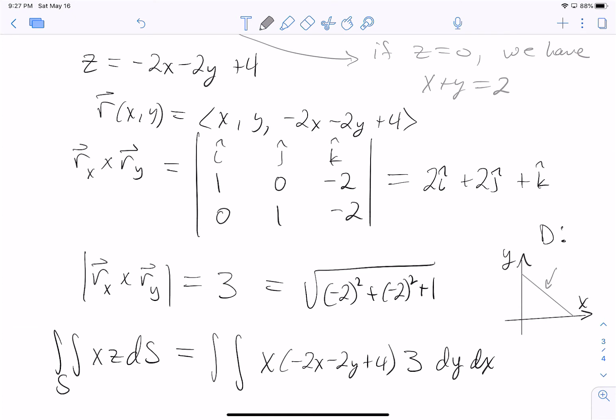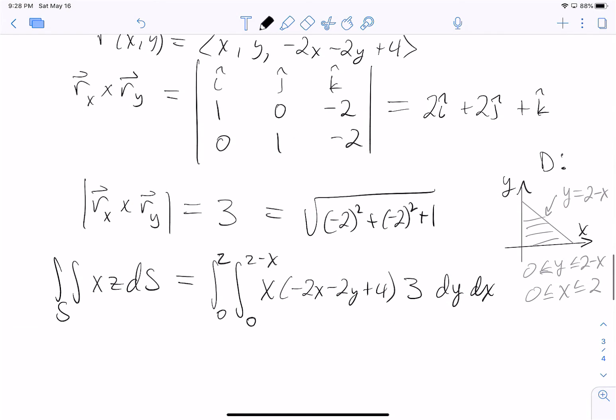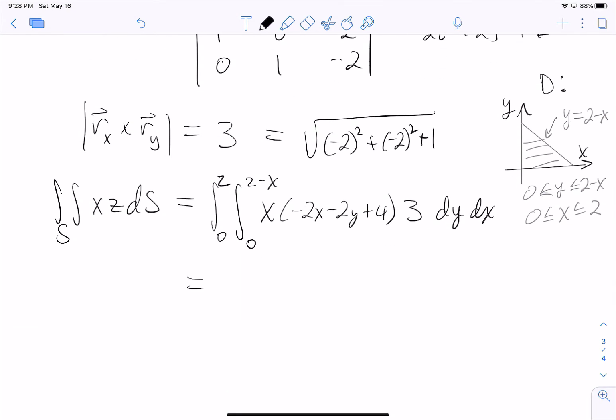And so this line here is going to be y = 2 - x. And so y is going to go from 0 to 2 - x. And x is going to go from 0 to 2. So y goes from 0 to 2 - x. x goes from 0 to 2. And we have this nice integral to compute. I will leave it to you to verify that the answer is 4.